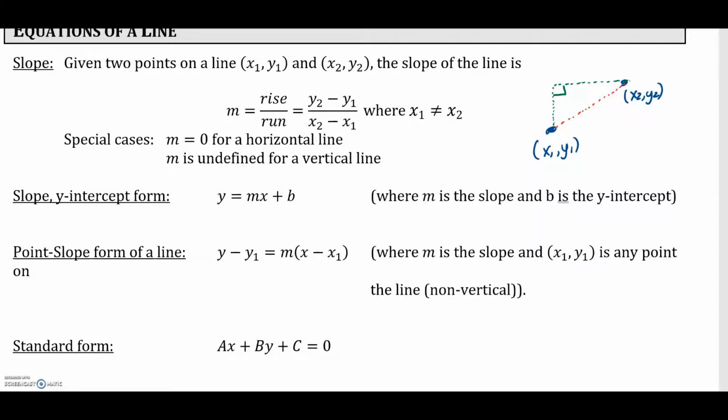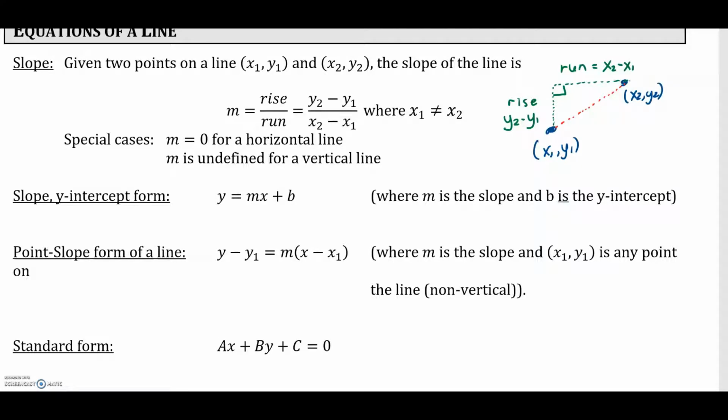Those two distances are the rise and the run, and we can calculate them using the difference in the respective values. So the rise would be calculated y2 minus y1, and the run calculated in the difference of the x values, x2 minus x1.